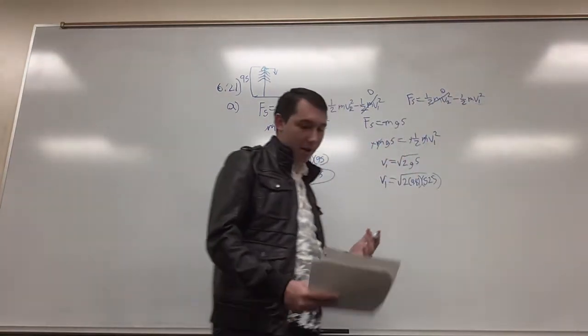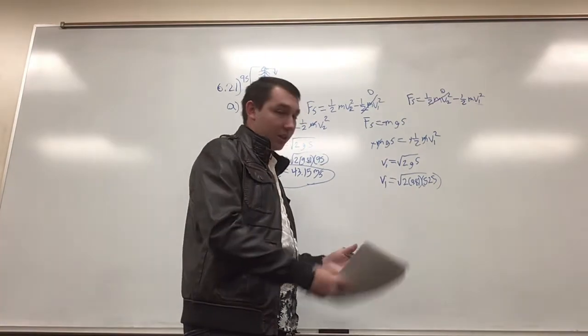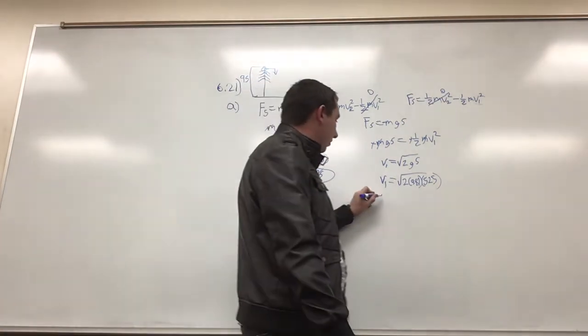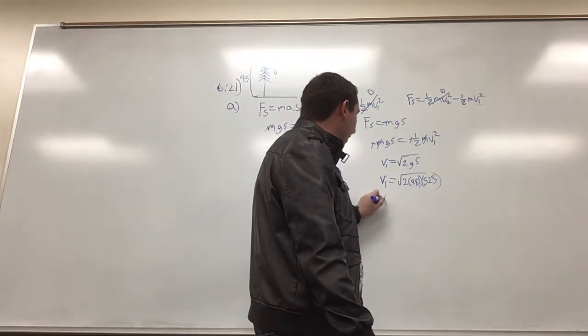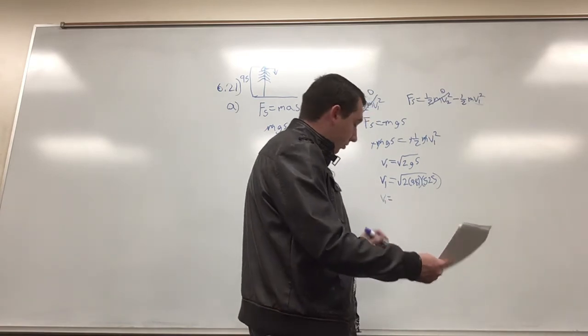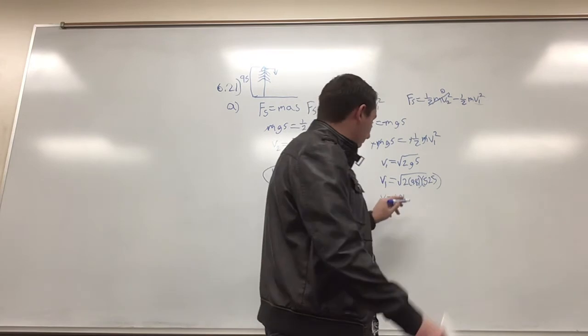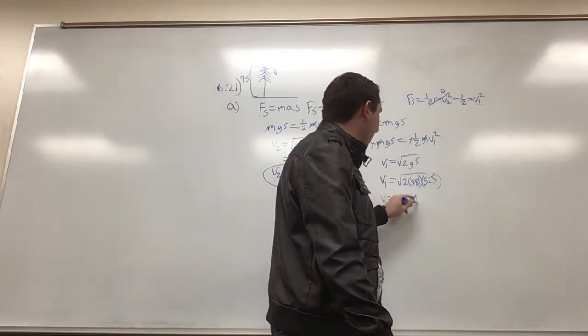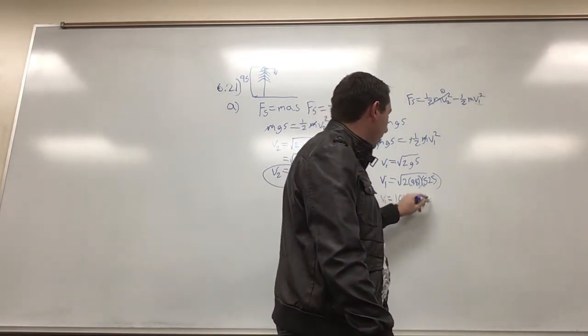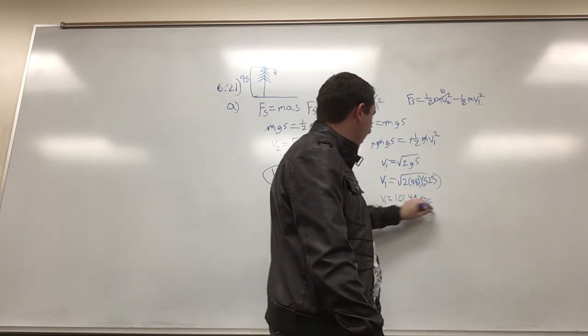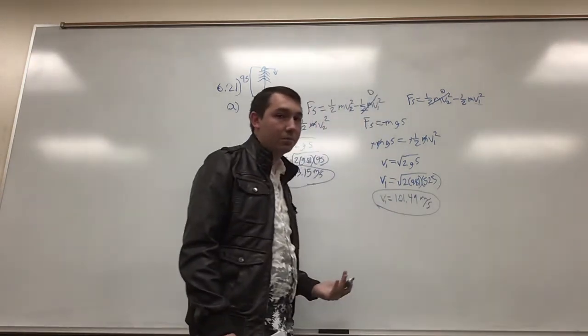And then when you do the math, you get that the initial velocity, right as the boulder leaves the volcano, is going to be equal to 101.49 meters per second. And that's your answer for part B.